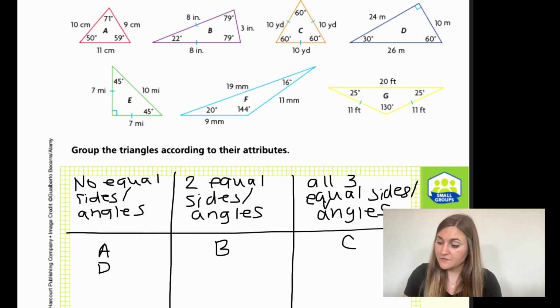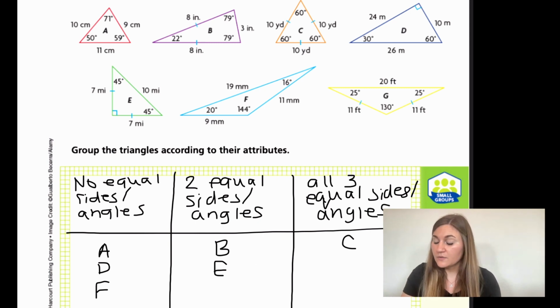So 2 of them match for E. Then for the light blue one, we have 9, 11, and 19, so no sides, and then the angles are 20, 16, 144, so nothing is matching, so we're putting it in that first column.